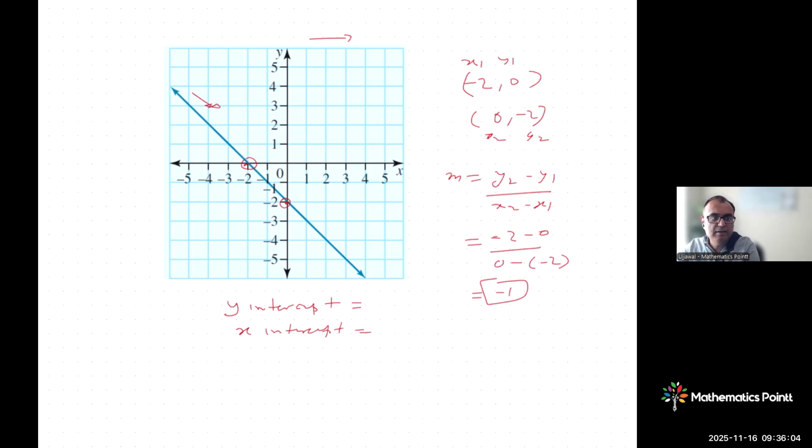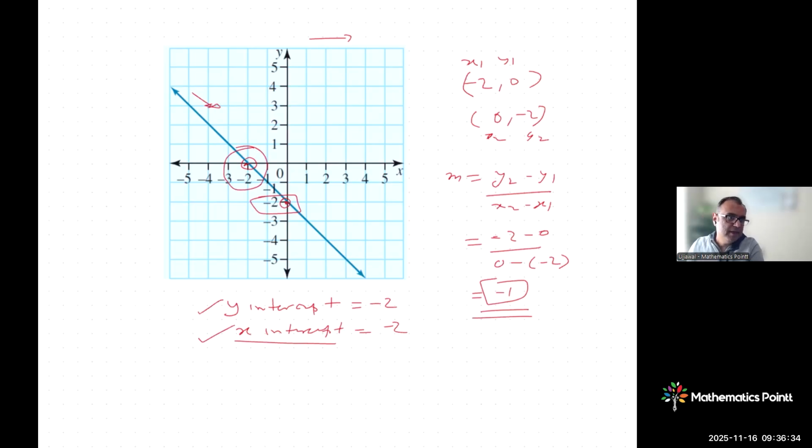Here. That point. -2. Good job. What is the x-intercept? The point where the line touches the x-axis. That's the point. -2. So the y-intercept is -2, x-intercept is -2, and the slope of the line is -1.